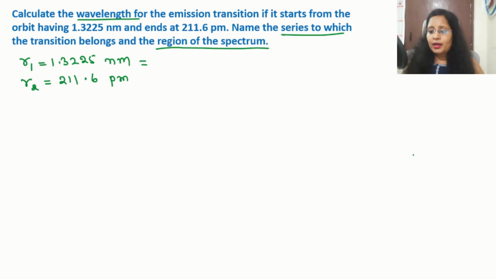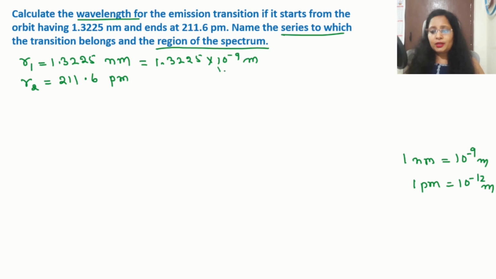We know that 1 nanometer is equal to 10 to the power minus 9 meter. So first we will turn it into meter, so it will become 1.3225 into 10 to the power minus 9 meter. Now we know that 1 picometer is equal to 10 to the power minus 12 meter. So if we make this minus 9 meter into minus 12, we will be able to write picometer.